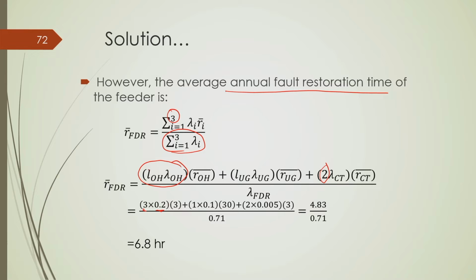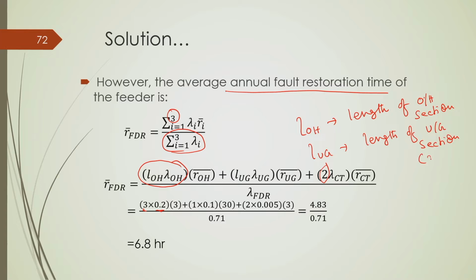So, this L is LOH, representing the length of the overhead section. Similarly, LUG represents the length of the underground section, and for this problem both are in miles.